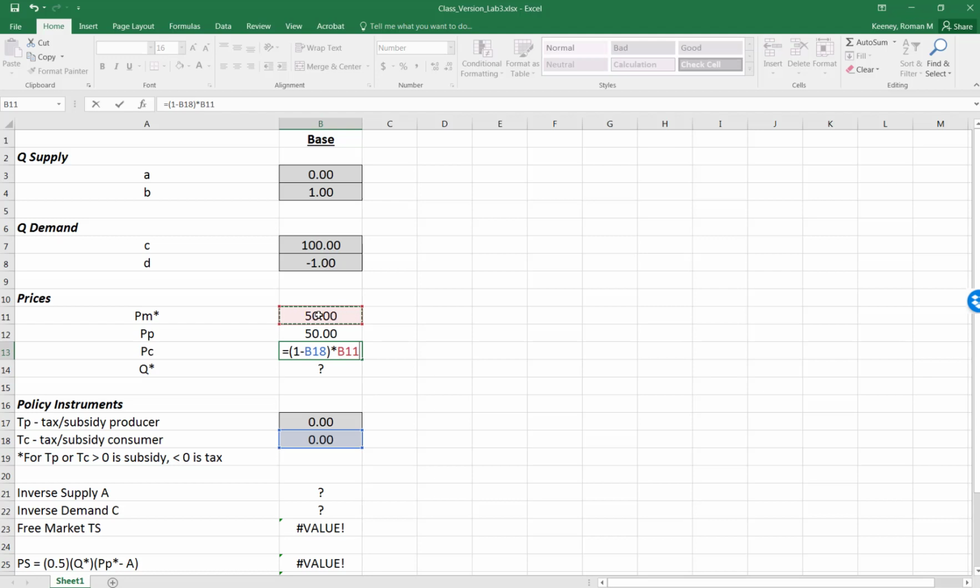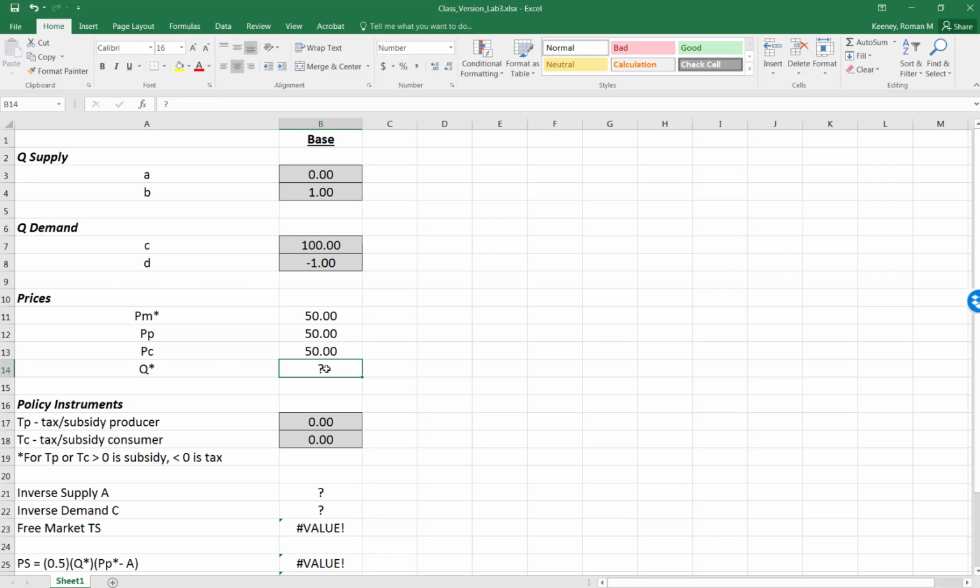The market price has a determination factor for both the producer and the consumer prices, and when there's no subsidy or no policy going on on the producer side or consumer side of the market, then those have to be the same.